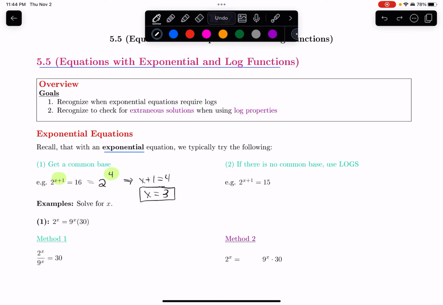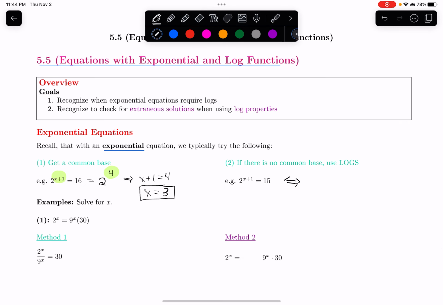If on the other hand there is no common base, then we're going to need to use logs to solve it. We've seen this a little bit before, but now we're revisiting the idea. We need to use logs when there is no common base. One way I can do this is I have this equation in exponential form, so I can transform it to log form.